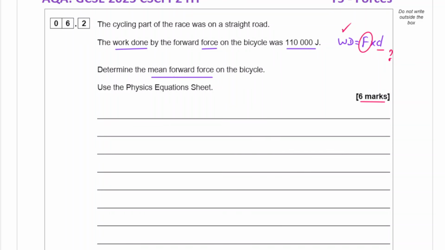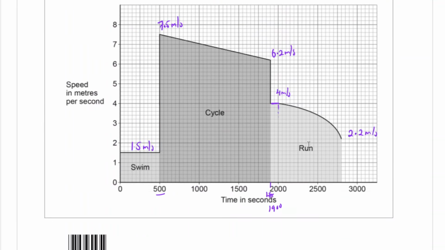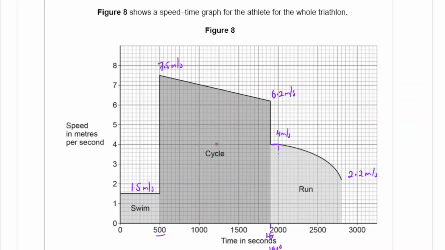Well, I've got a speed time graph, right? The cycling part of the race was on a straight road. So let's have a look at the cycling part. The cycling part is basically this area, right? So the speed at the start is 7.5 meters per second and it ends at 6.2.